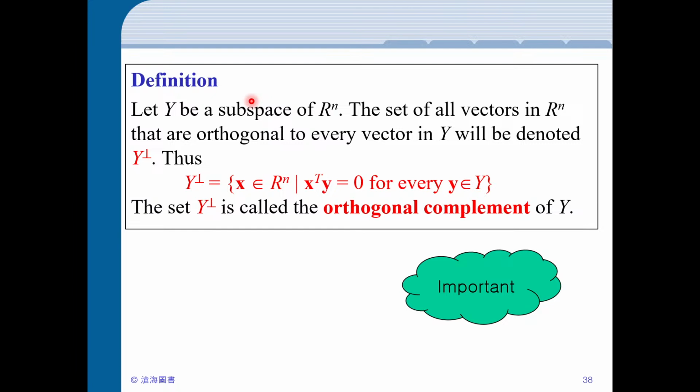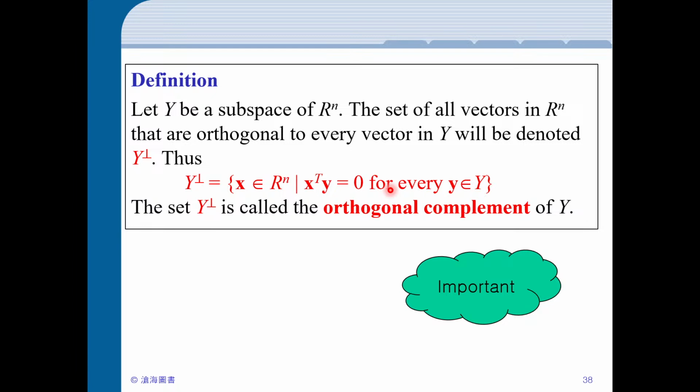So this is a special example of the concept we want to talk about, the concept of a complement. If you have a subspace Y in Rn, then we can find the orthogonal complement of your subspace. That's the set of every vector that's orthogonal to Y. Now it's just a set, but we will see that this is a subspace very soon.